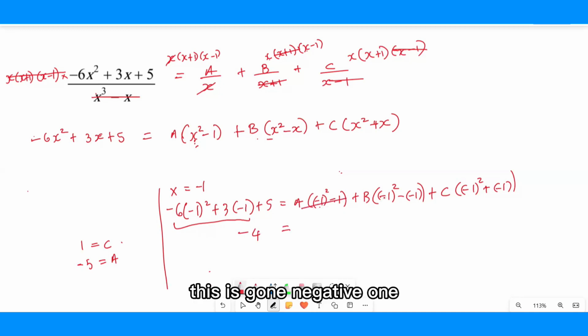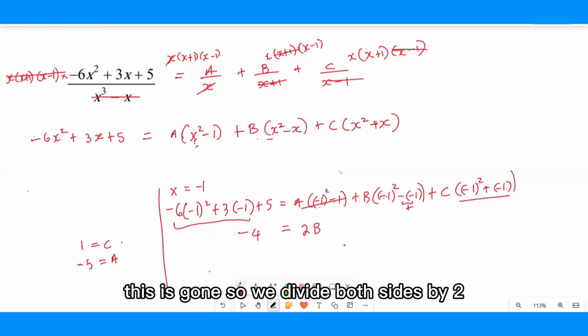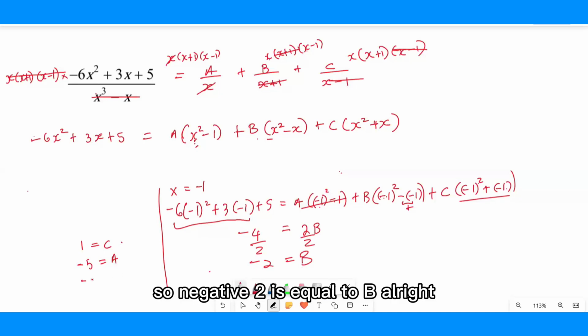This is gone. Negative 1 squared is 1, but here we'll have a plus 1, so this is actually 2b. For this part, negative 1 squared is 1 minus 1, this is gone. So we divide both sides by 2, and we see negative 2 is equal to b.